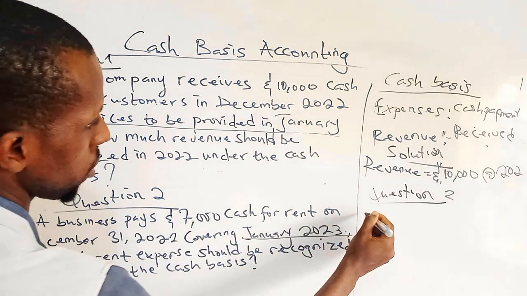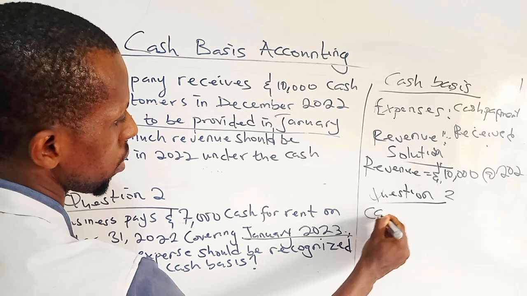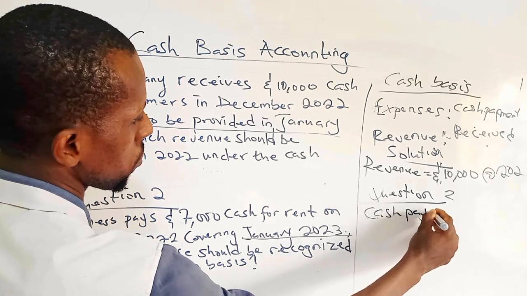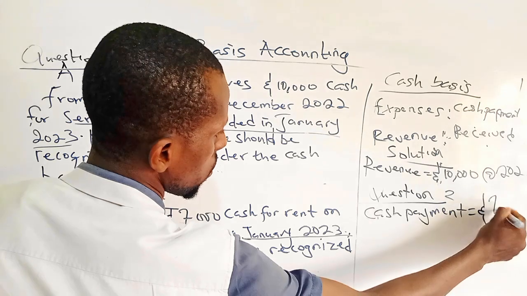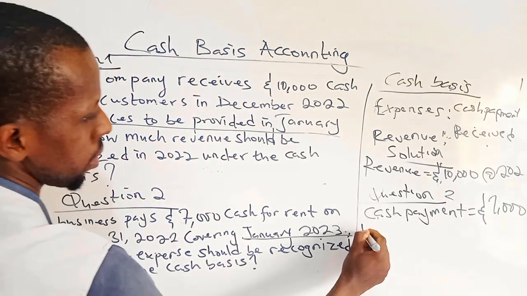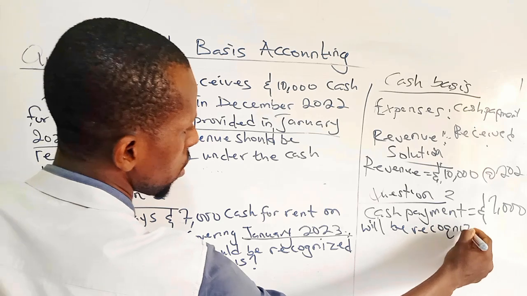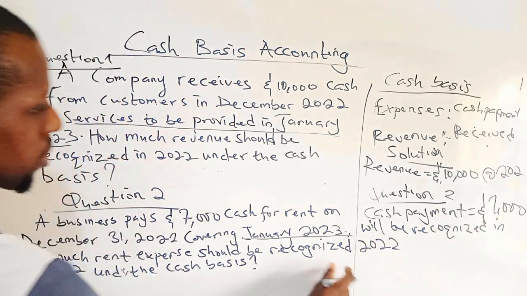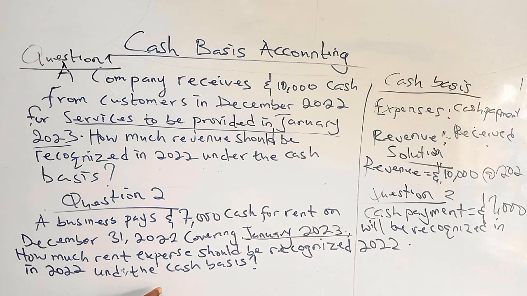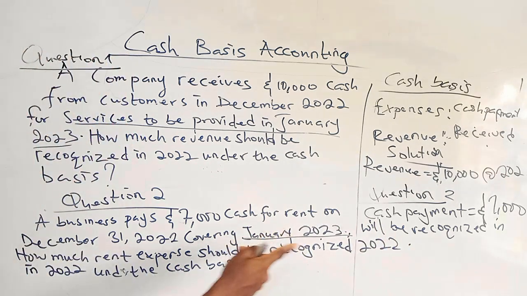The cash payment of $7,000 will be recognized in 2022 under the cash basis accounting. Though we have not enjoyed the facility, we have paid in advance.